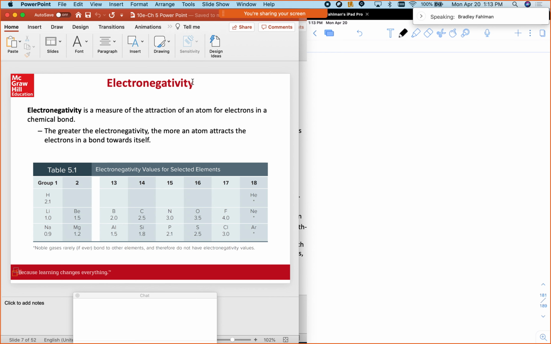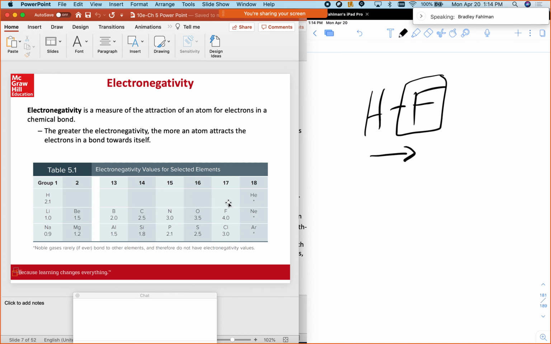And so we've already talked about this concept. Again, just to remind you, it's a measure of the attraction of an atom for electrons in a bond. And so it's that tug of war in a bond, let's say between these two atoms. That tug of war means that fluorine is really, really electronegative.